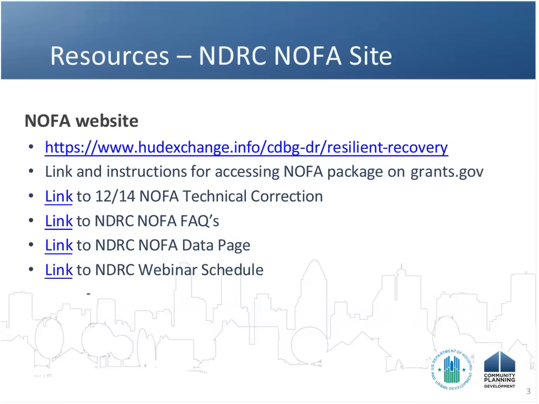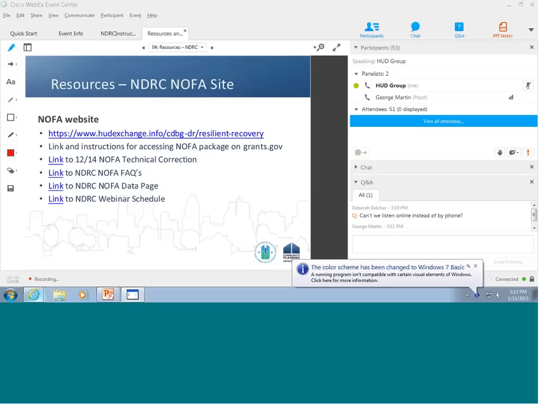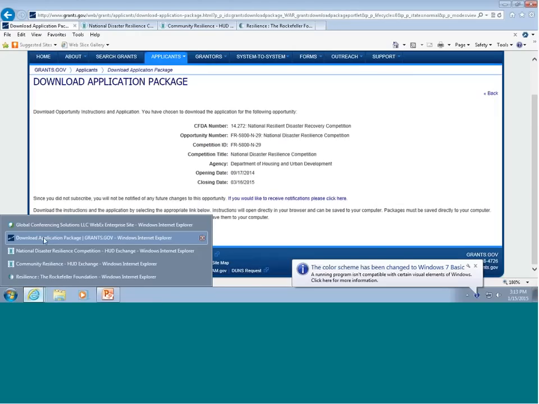The other website I want to draw your attention to is the actual NOFA website, the Resilient Recovery website. Again, I'll share my screen to go over the resources you can find there.